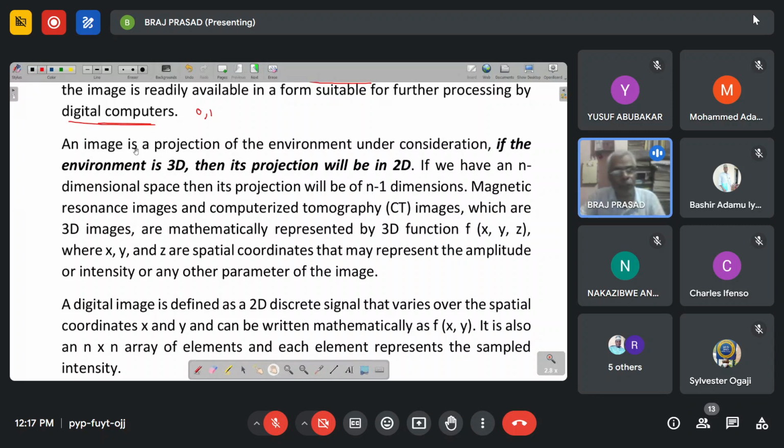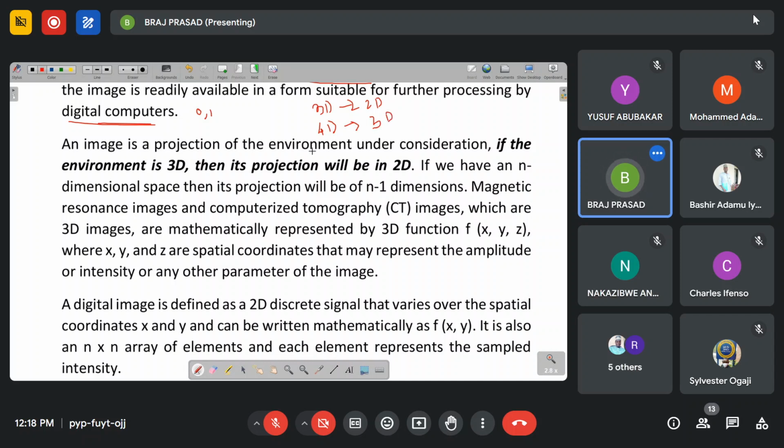An image is a projection of the environment under consideration. If the environment is 3D, then its projection will be in 2D. If our object is in 3D, then its projection will always be in 2D. And if our object is in 4D, then the projection will be in 3D, one less than the object dimension.